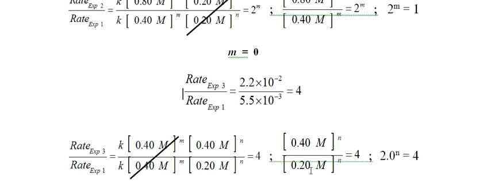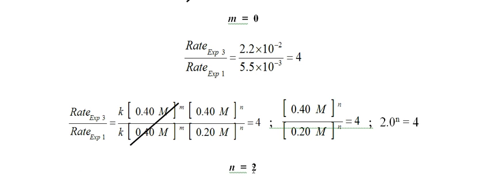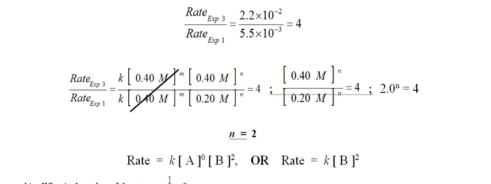So when we take 0.4 divided by 0.2, that tells me that I had twice the concentration, yet the rate is 4 times faster. Therefore, my order must be 2. In other words, 2 to the second power equals 4. So when I write out my rate law, this is what I have, where rate is equal to k times A to the 0 power times B to the second order.